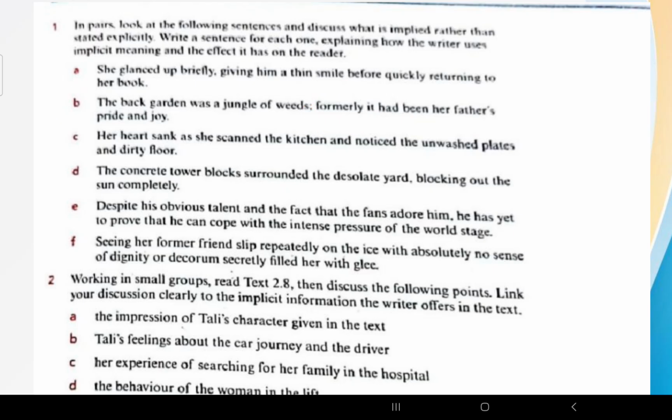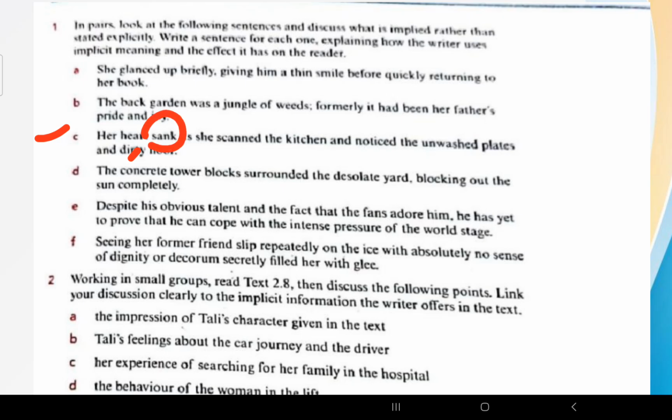Now let's have a look at the third one. Her heart sank as she scanned the kitchen and noticed the unwashed plates and dirty floor. Oh my god. So what's the story here? Her heart sank. This word sank is giving us a story.